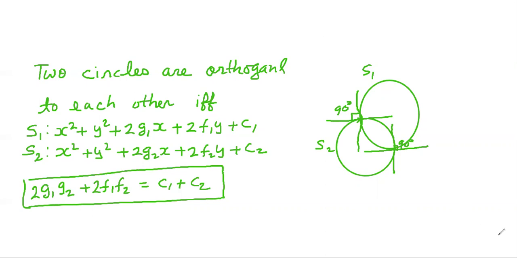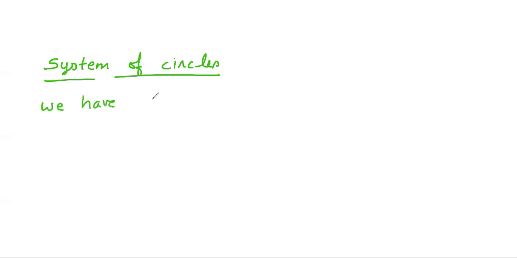Now we move ahead. I'm now talking about a system of circles. Suppose we have one line and one circle.